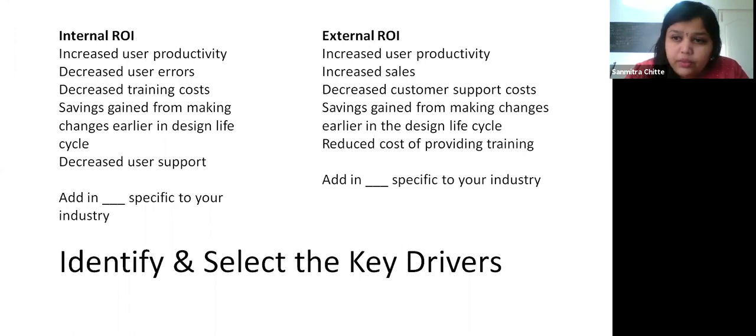Or maybe whatever design life cycle or process life cycle was happening, you made some changes to it, and you had to respond less to the users. Similarly, what could be the external ones: you could have decreased customer support, you could save some money through all of it, you could have reduced training across.